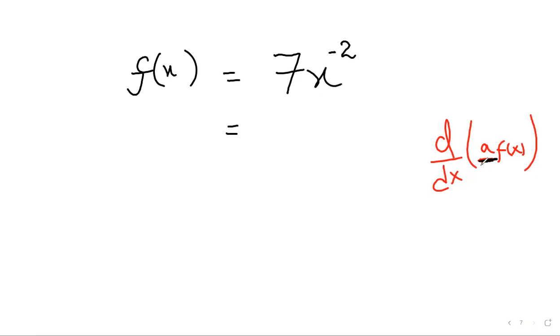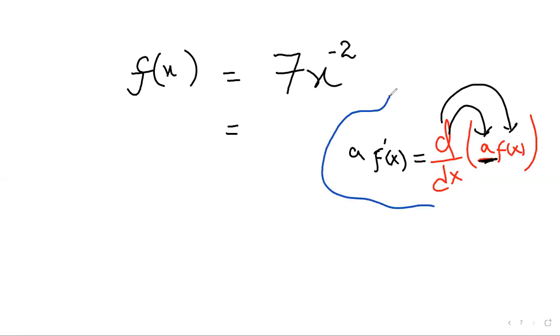This constant will come out, and we will find the derivative of the function only. It means it should be equal to a times the function's derivative. So this strategy will be used.